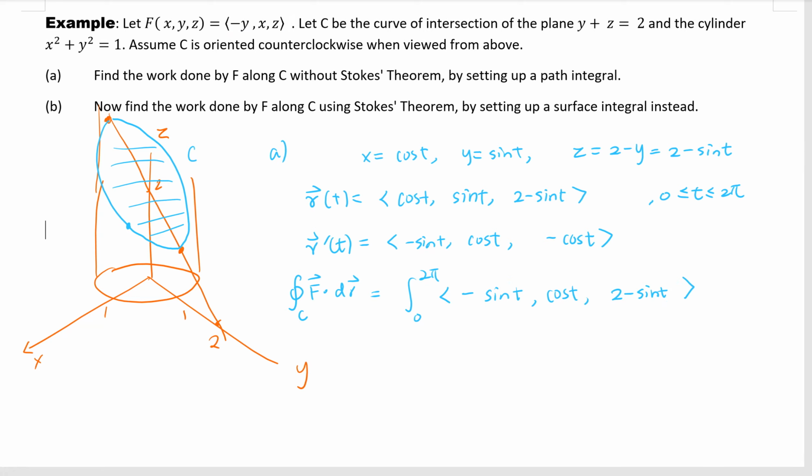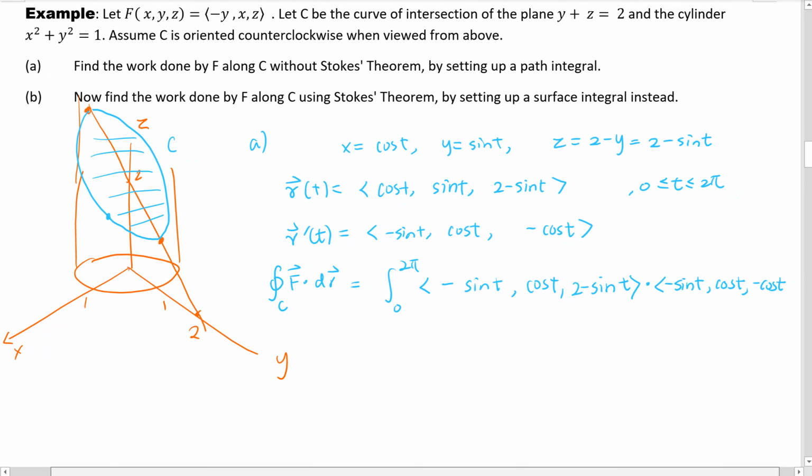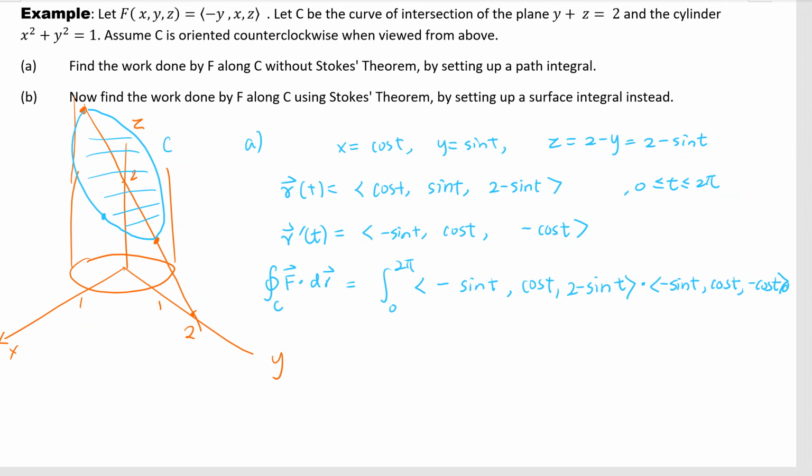Alright, so this guy, dot product with the velocity: minus sine t, cosine t, minus cosine t, dt.